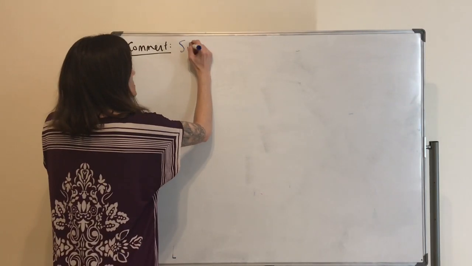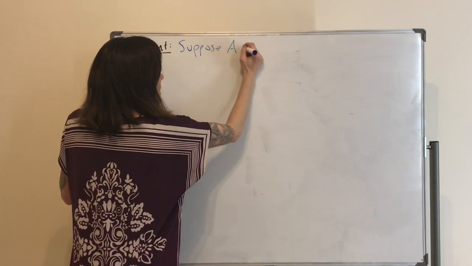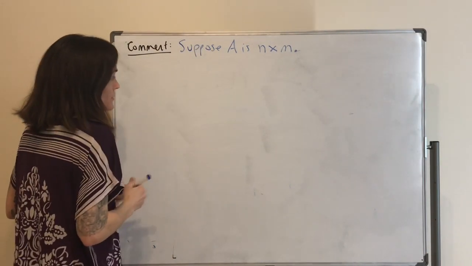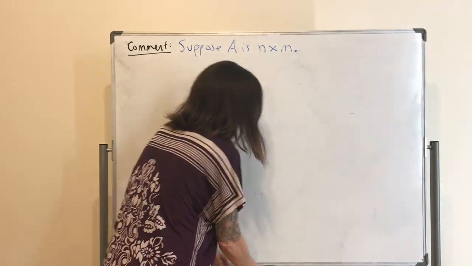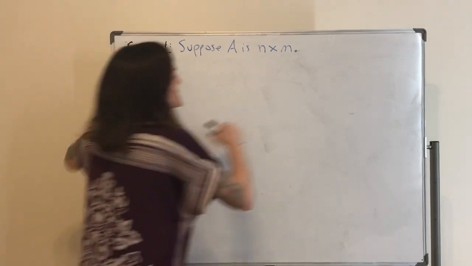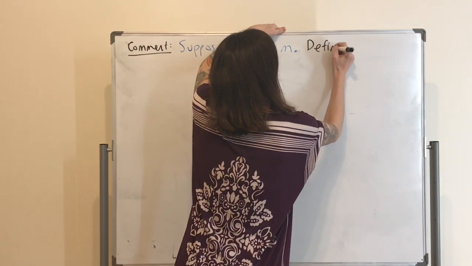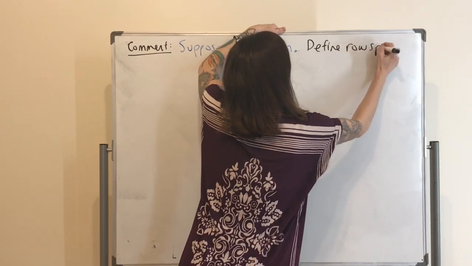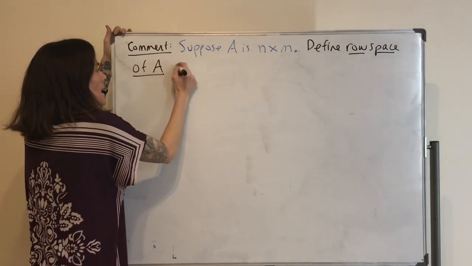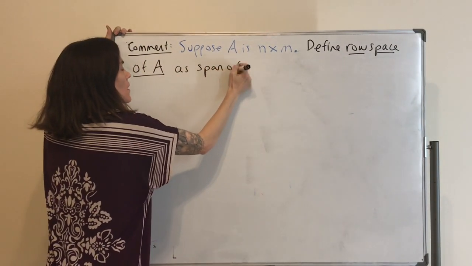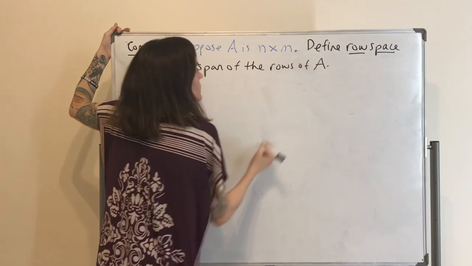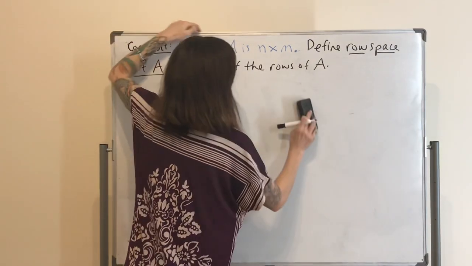Well, suppose A is an n by m matrix. N rows, m columns. We can define the row space of A as the span of the row vectors.